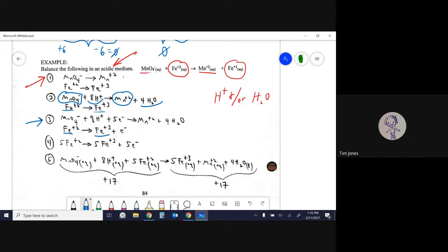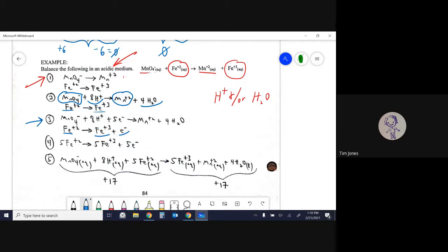So it's not gaining, it's got to be losing. And it went from plus 2 to plus 3, so it's losing 1 electron. Again, you can write out iron plus 2 and iron plus 3, and you can list the protons and list the electrons and see how it all works out if you need to do that. I'm not going to do that right now. This other one's a little trickier.